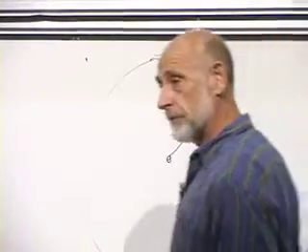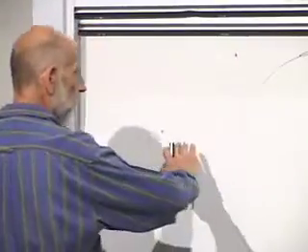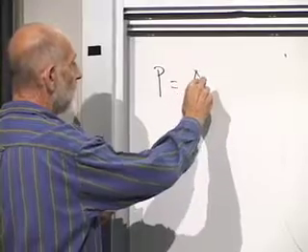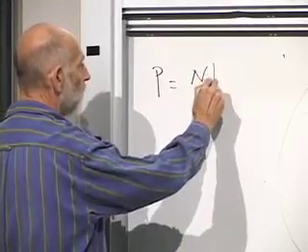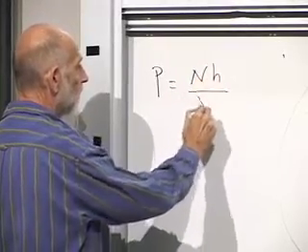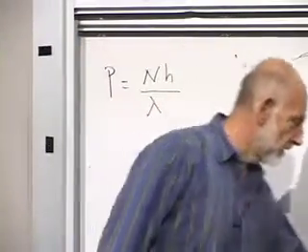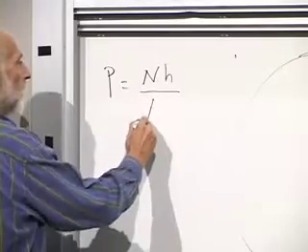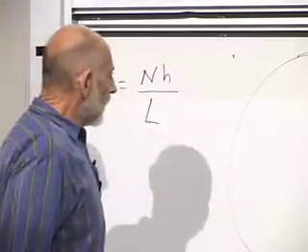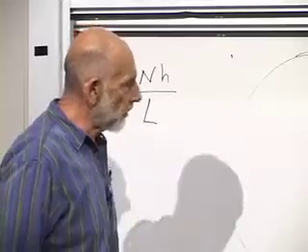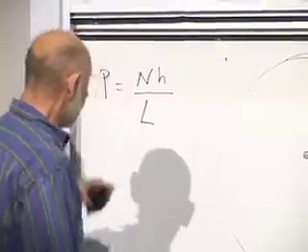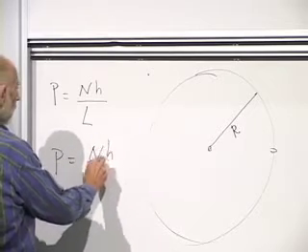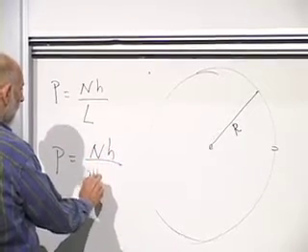Oh, I erased the important equation. The important equation was that the allowable momentum is equal to an integer times h over L. Now, the radius of the orbit is r, and that means that p is nh over 2 pi r.